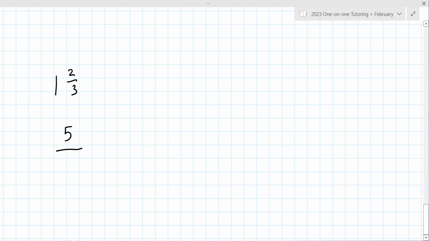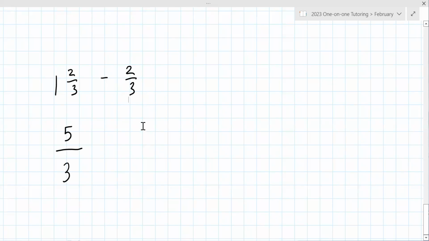Okay. On top, and what goes on the bottom? 3. Okay. And let's say I wanted you to subtract 2/3. Do we have to convert this one on the right? Is it a mixed number?